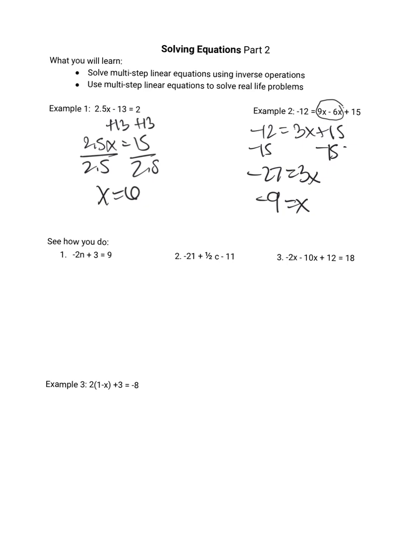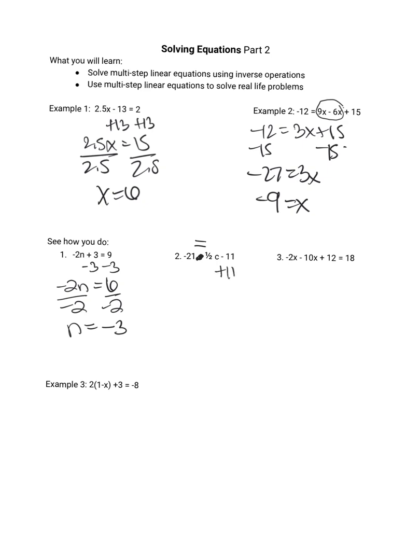So checking it out. The opposite of adding 3 is subtracting 3. And 9 minus 3 is 6. Divide by negative 2. And we get a negative 3. Here that plus, remember, was supposed to be an equal sign. It was a typo. We've got negative 21 equals 1/2 c minus 11.